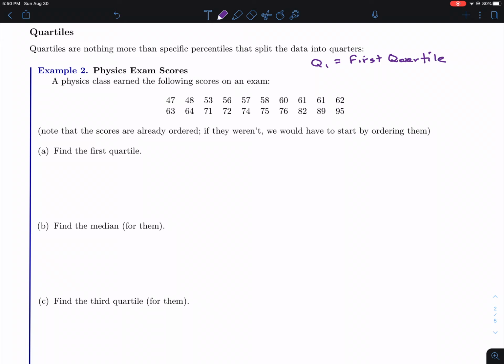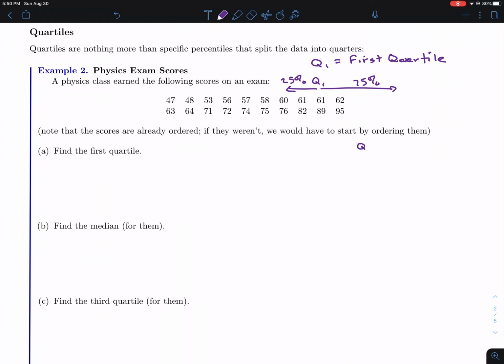And so what that does is it kind of splits the data into the lower 25% and the upper 75%. So Q1 is going to be like here. So 25% of the data is going to live down below, 75% of the data is going to live above that quartile.